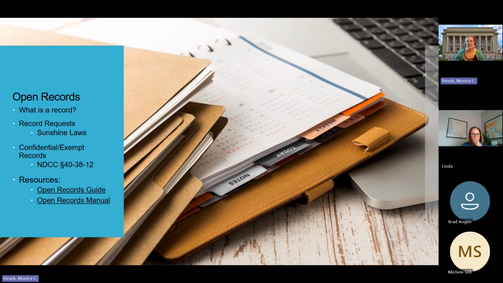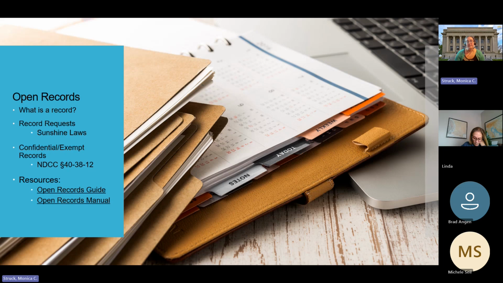There are exceptions for certain library records in 40-38-12, and any record that connects a patron to what they have searched for or borrowed is an exempt record, and you do not have to produce it unless there is a court order.